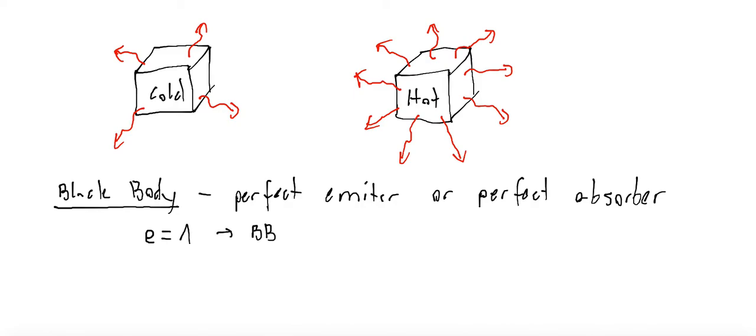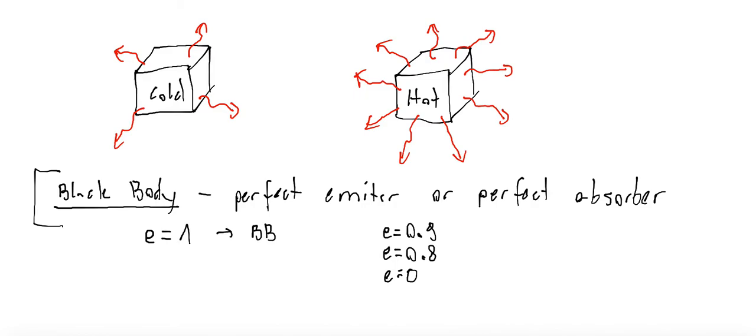If the emissivity of the object is less than 1, then the object differs from a black body. So if the emissivity is, let's say, 0.9, it is almost a black body. Emissivity 0.9 is closer to a black body than emissivity equal to 0. When emissivity is equal to 0, the object doesn't emit energy. Is it clear? Okay, but let's focus on this. Point number 1: a black body is a perfect emitter or perfect absorber.